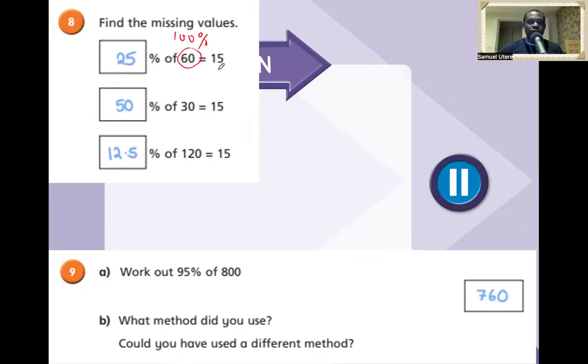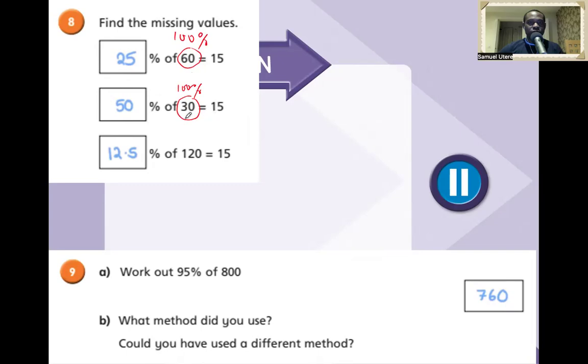So we know that 4 lots of 15 will be equal to 60. So to find out the percentage, we have to divide 100% by 4. This one, 2 lots of 15 makes 30. So to find the amount, we have to divide 100 by 2, which is 50. This one, 6 lots?